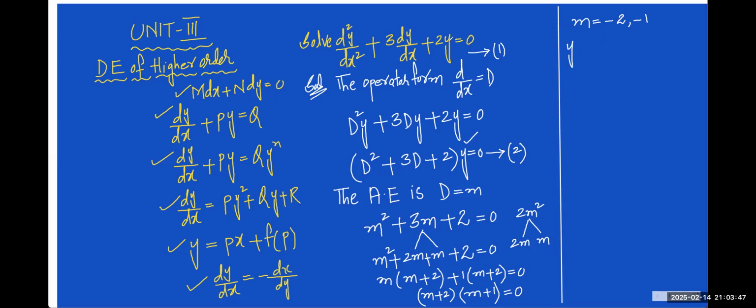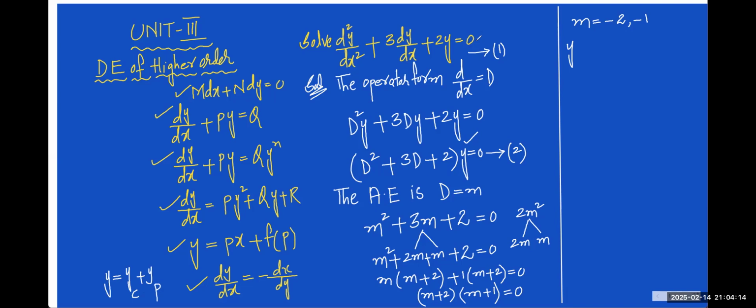Actually, we have to write down the solution of this differential equation. The general solution of a higher order differential equation is y is equal to the complementary function plus the particular integral. Yc is called the complementary function and Yp is called the particular integral. Particular integral is possible if the right hand side has some value.